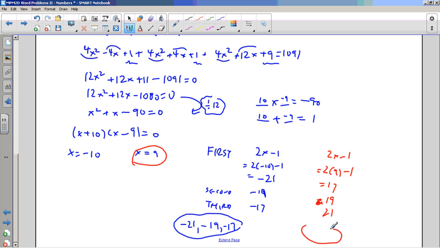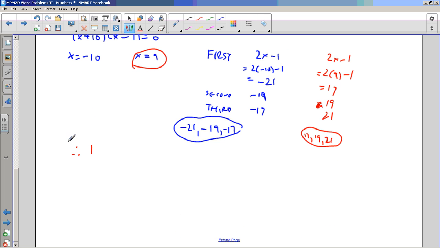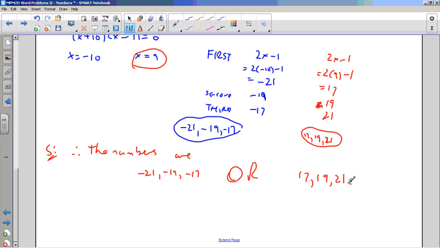The positive and negative versions of the same number, and that makes sense since we were squaring them. So therefore, and this is the last statement, the numbers are negative 21, negative 19, and negative 17, or 17, 19, and 21.